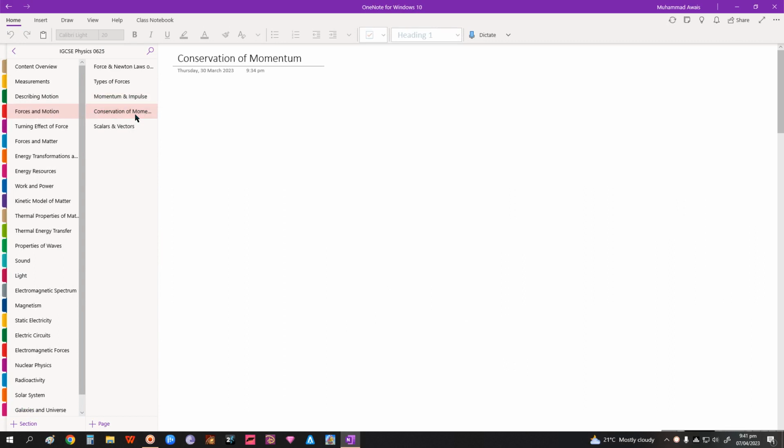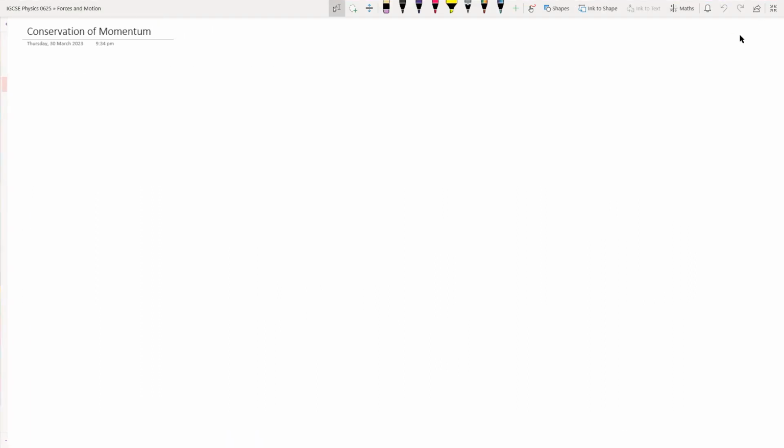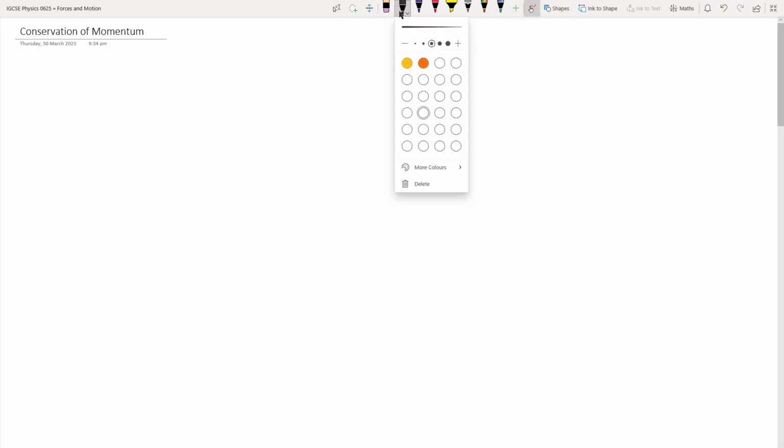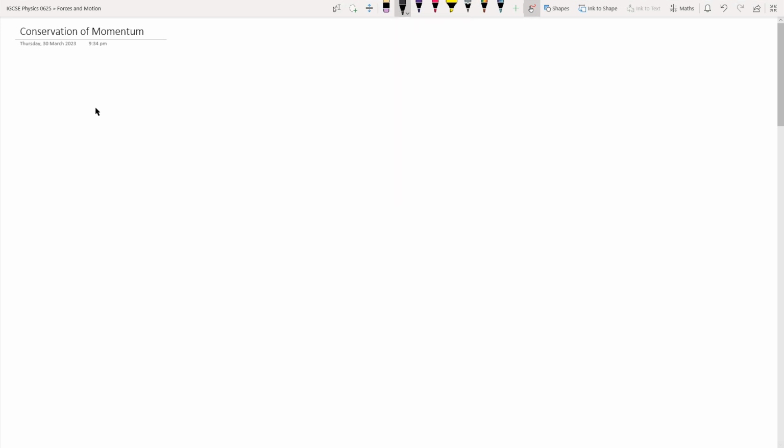Now moving on to the last topic of this unit, that is the conservation of momentum. What is conservation of momentum? That is, if you have a system of masses, for example, snooker balls. So you have mass m1 which is moving with velocity, let's call it u1 for the sake of bookish symbols.